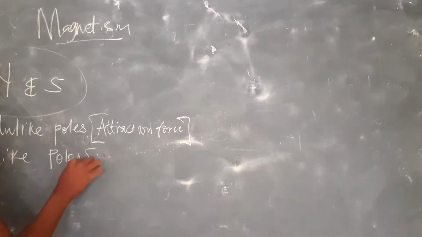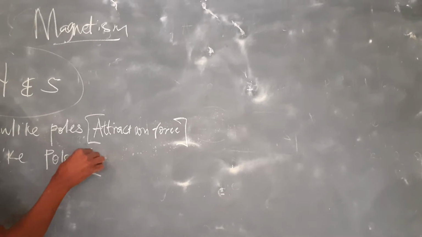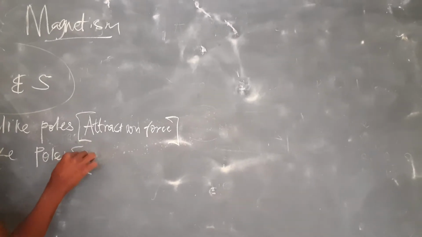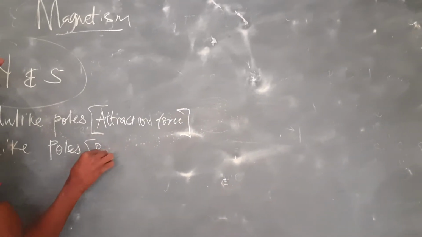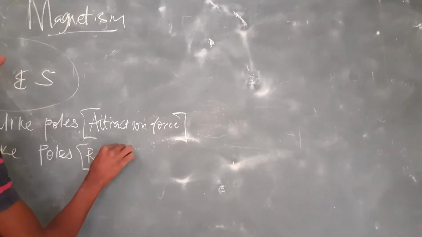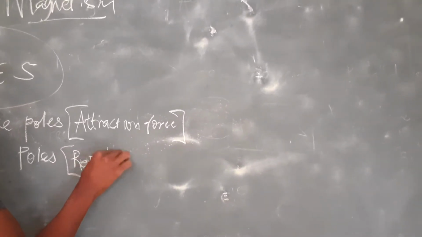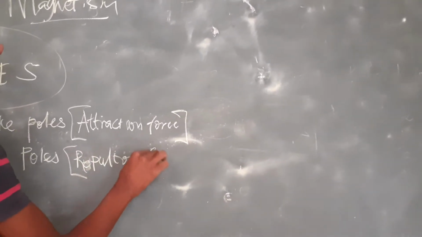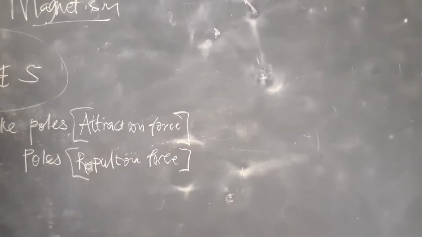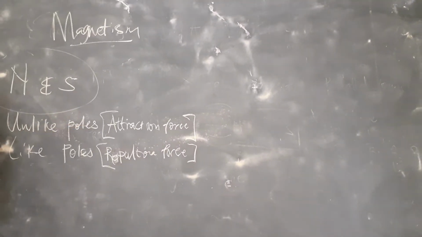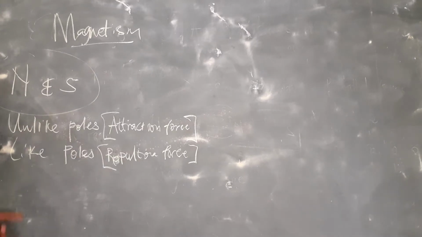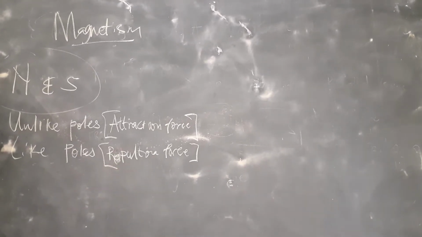And then the like poles, they experience what we call a repulsion force. So unlike poles attract each other, and the like poles do not attract each other.